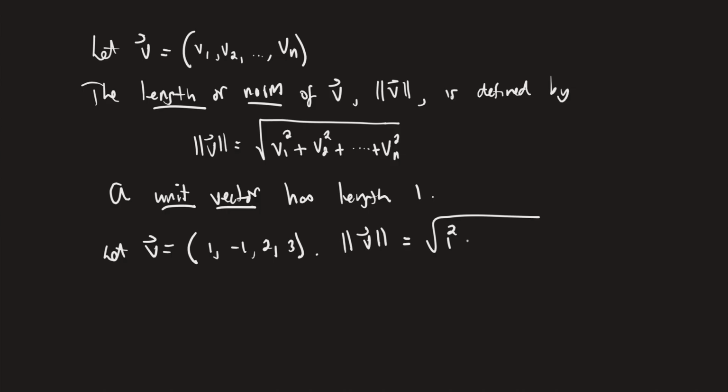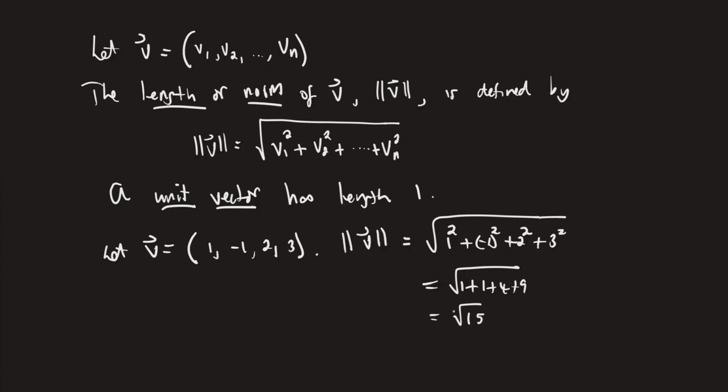It's going to be 1 squared plus -1 squared plus 2 squared plus 3 squared. And of course, we have to do our order of operations. We can't forget that good stuff. So it's 1 plus 1 plus 4 plus 9, and if my math is right, I think that's 15 under the square root. So the magnitude is the square root of 15.